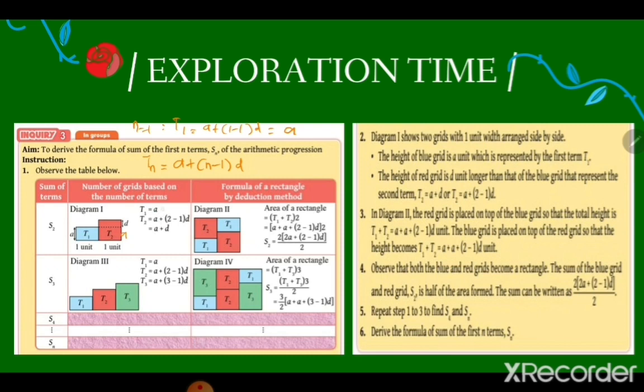T2 is A plus 2 minus 1 times D. So we have A plus D. So basically, this is our first diagram.